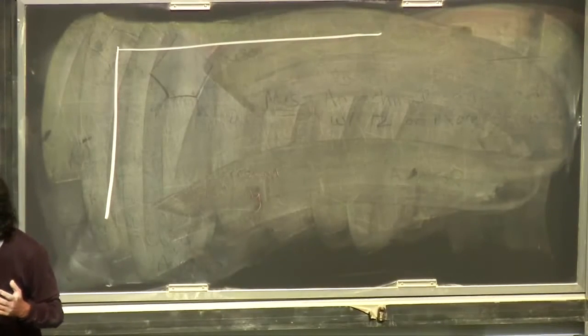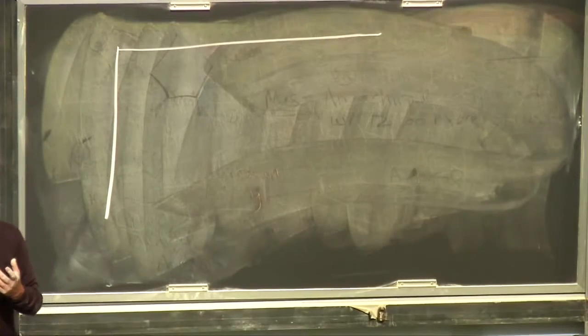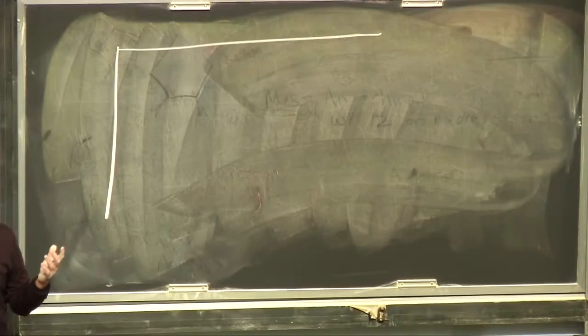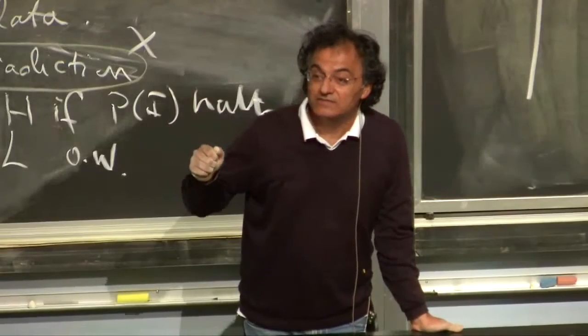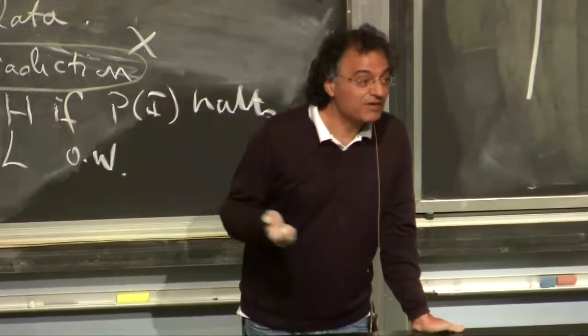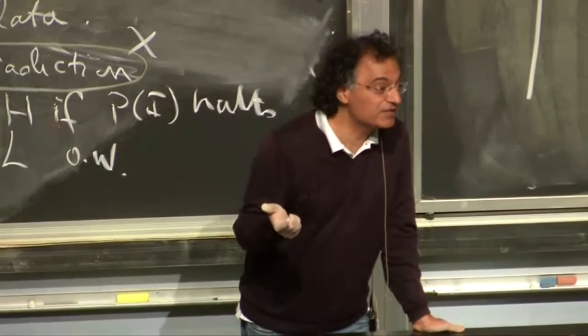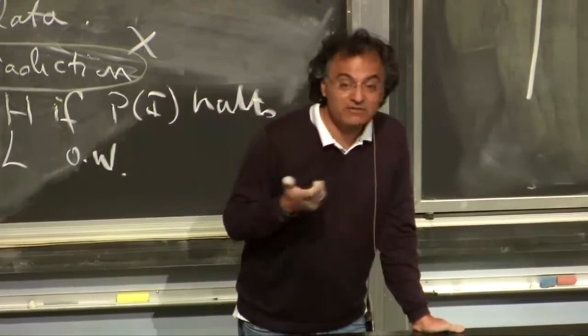We didn't talk about that. How many programs can there be? It's countable, a countably infinite number. Why? Because a program is a finite binary string. But how many finite binary strings are there? It's only countably many.